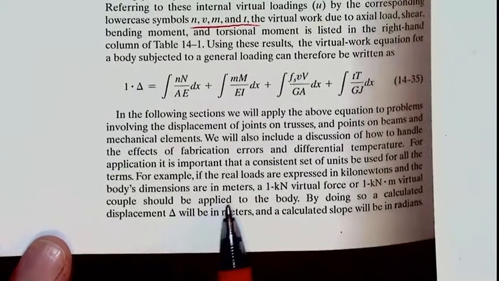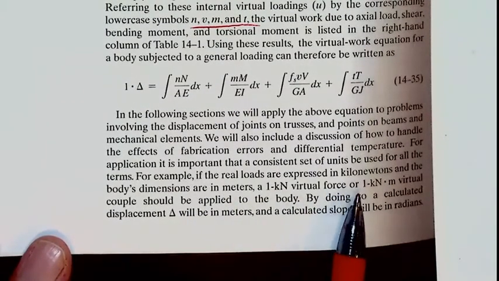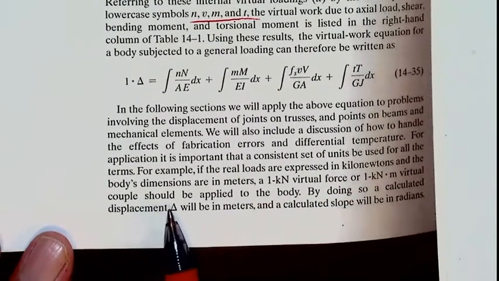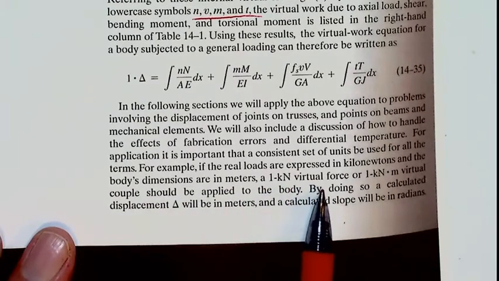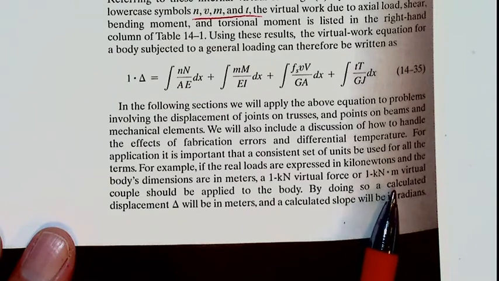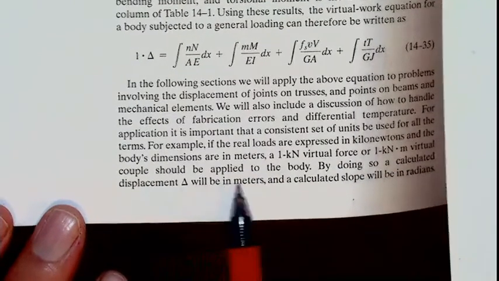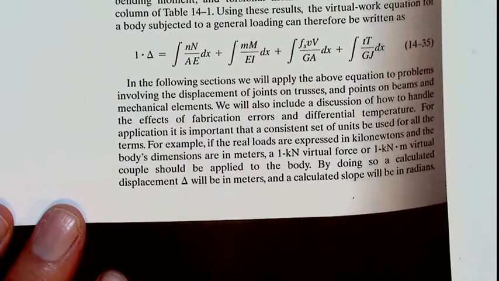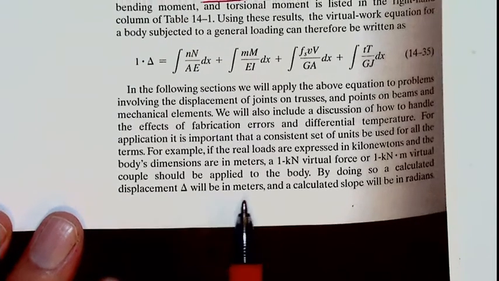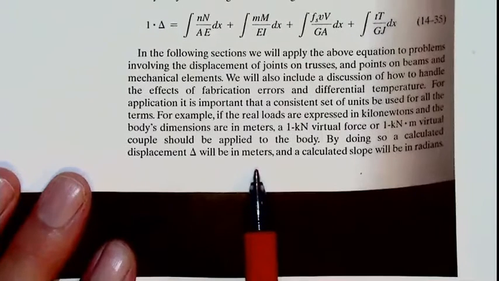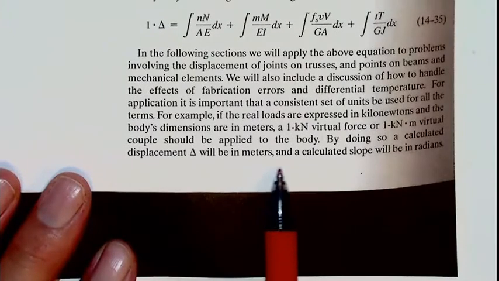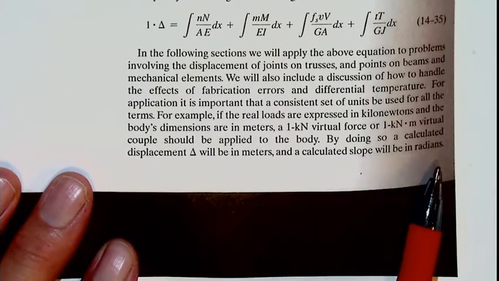For example, if the real loads are expressed in kilonewtons and the body's dimensions are in meters, a 1 kilonewton virtual force, or a 1 kilonewton-meter virtual couple, should be applied to the body. By so doing, the displacement delta will be in meters, and the calculated slope will be in radians.